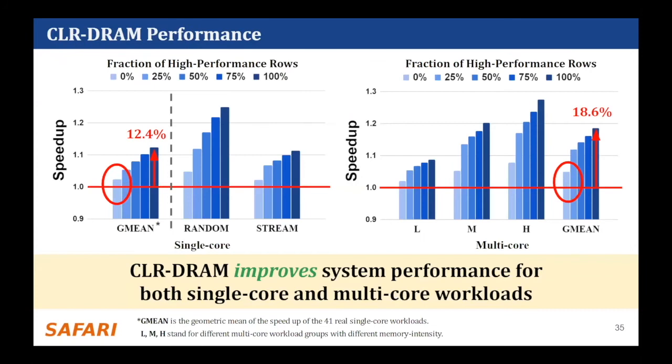Our results show that CLR-DRAM improves performance of both single-core and multi-core workloads, and even in the case where all the rows are configured to operate in max capacity mode.